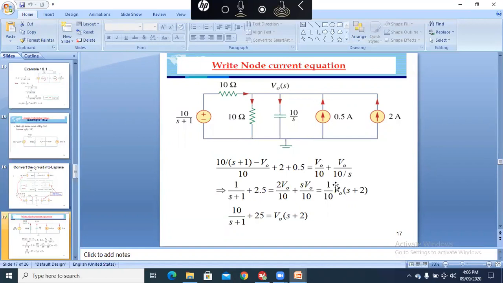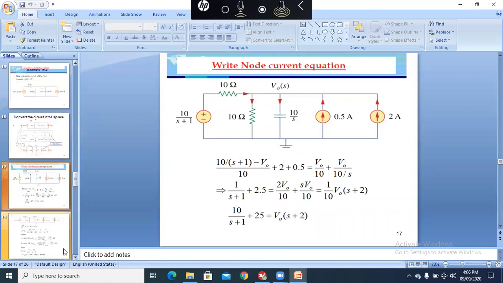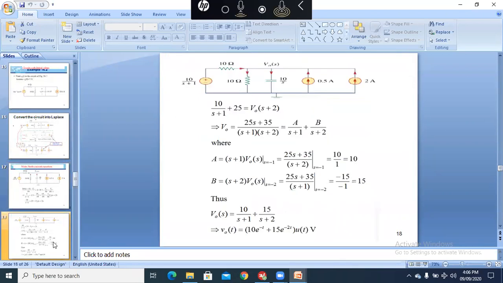So we can solve this equation for V naught, and we find the value of V naught from this relationship. So this is in fact 10s plus 1 plus 25 equal to V naught of s plus 2, and V naught is given by this relationship.